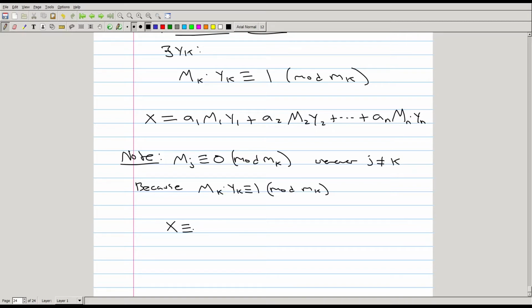x is congruent to ak times Mk times yk, which is congruent to ak mod mk for all the different values of k.